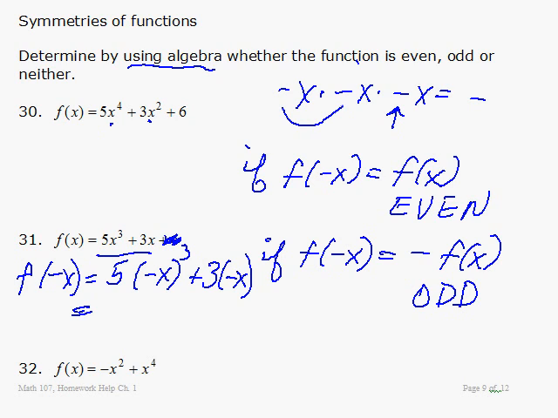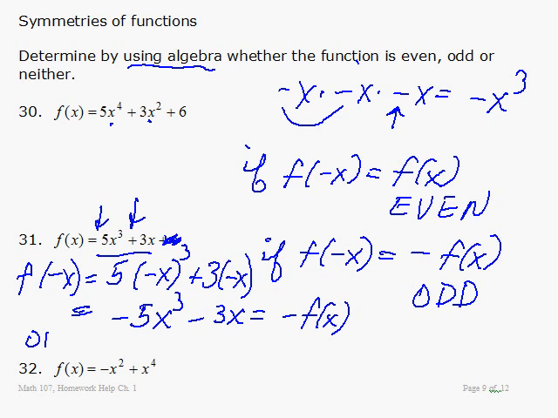So I have a negative x cubed multiplying the 5. This would give me minus 5x cubed. 3 times the negative x gives me minus 3x. Well, that is the negative of everything I started with. In that case, it would be odd. You will get different results when you consider that there's a constant at the end of that.